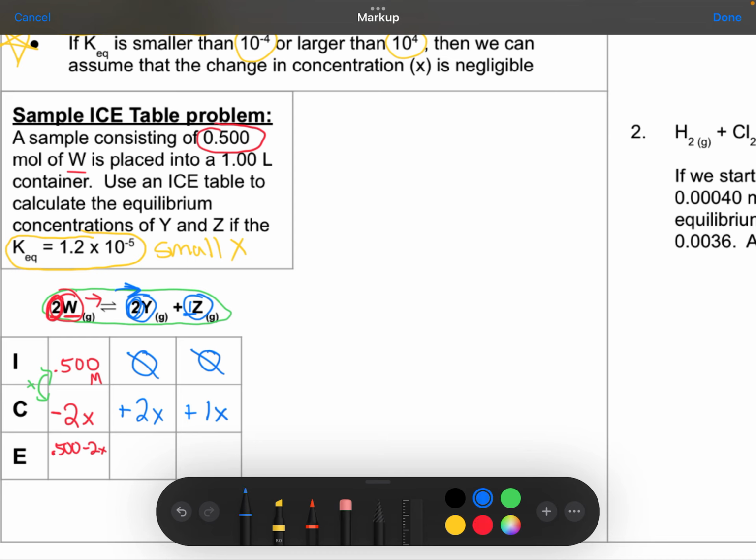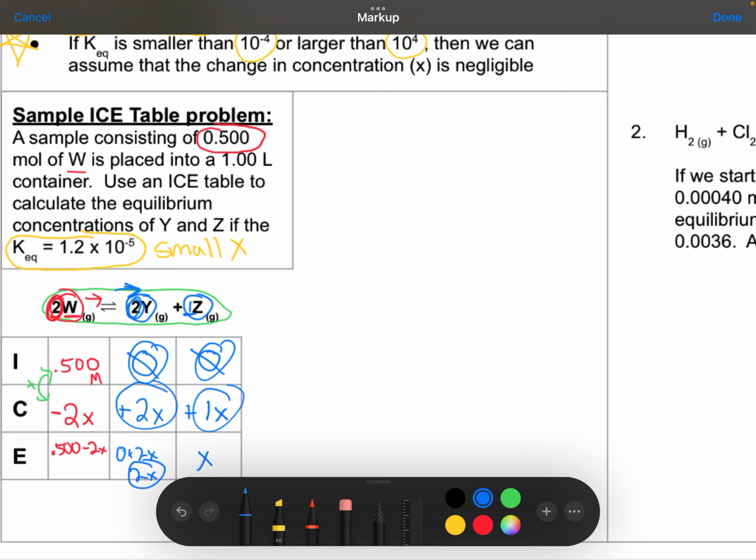If I sum my 0 and my 2X here, I get 0 plus 2X, which we can just call 2X as my equilibrium concentration. And if I sum my 0 and my 1X, I'm going to end up with just my 1X there as my equilibrium concentration. So cool, I have all of that. I've done my ice table.